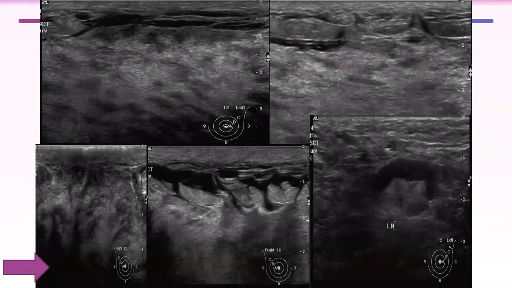Okay. Seen bilaterally. What is your differential diagnosis? Quickly, Abir. Could be lymphoma. Excellent. Well done. Lymphoma, and it could be bilateral inflammatory carcinoma. Yes. Could be bilateral lobular carcinoma.